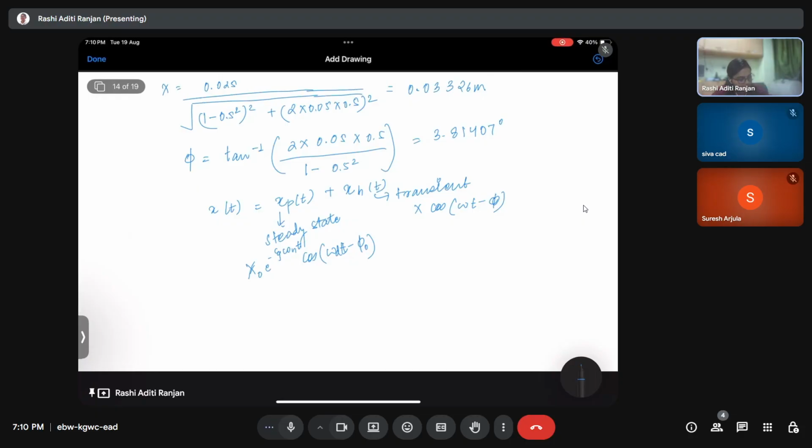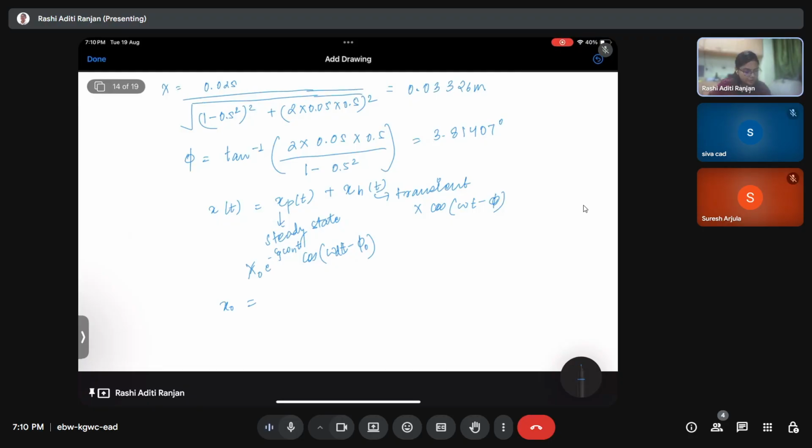So we are going to get for x_0, what do we have? Now see over here, what we have done is we have actually divided x(t) as what?